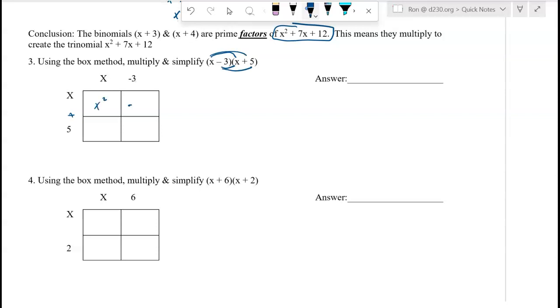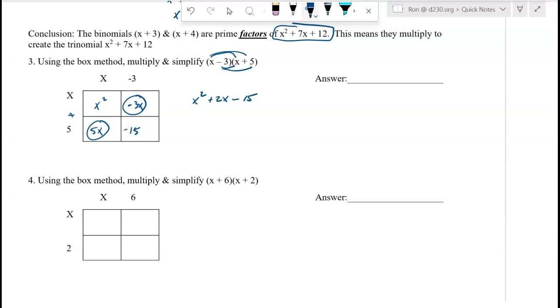Negative 3 times x is negative 3x. x times 5 is 5x. Negative 3 times 5 is negative 15. So when I multiply this out, I get x squared. Now, negative 3x plus 5x is going to give you plus 2x minus 15.